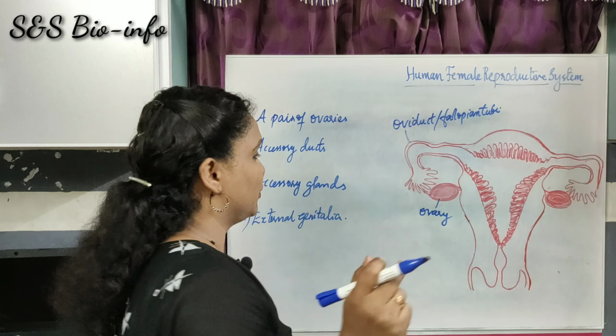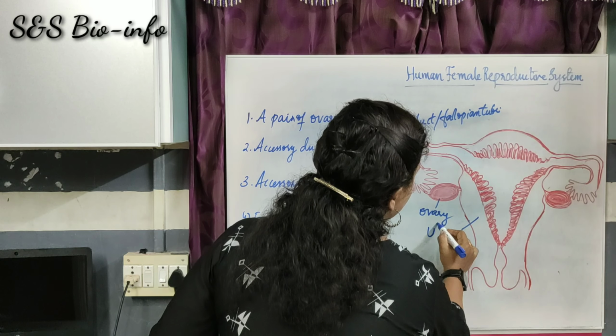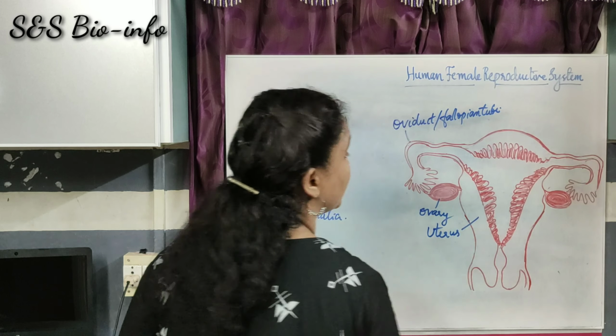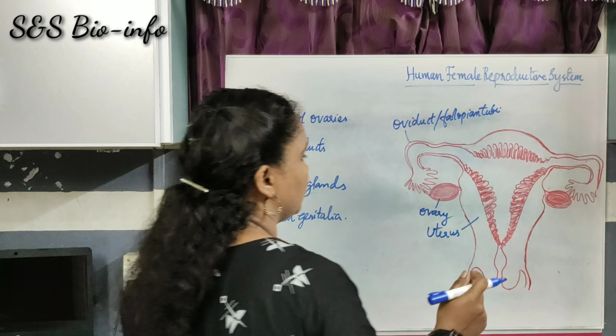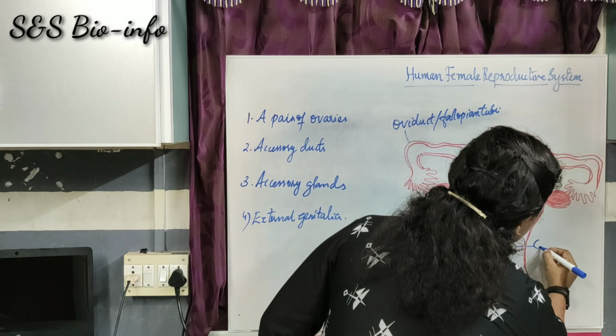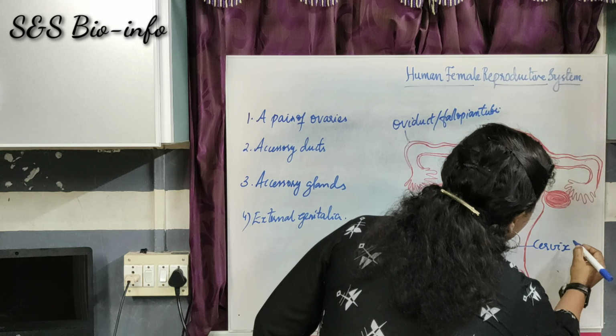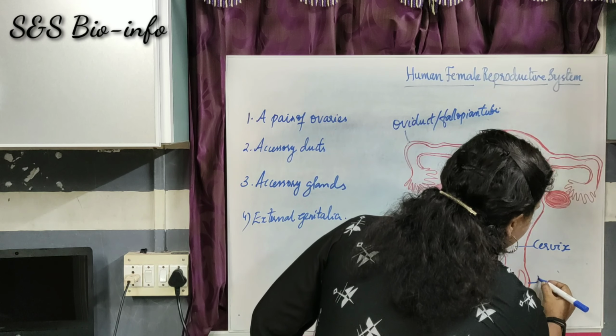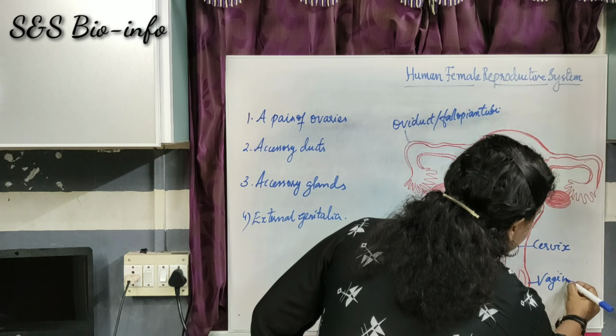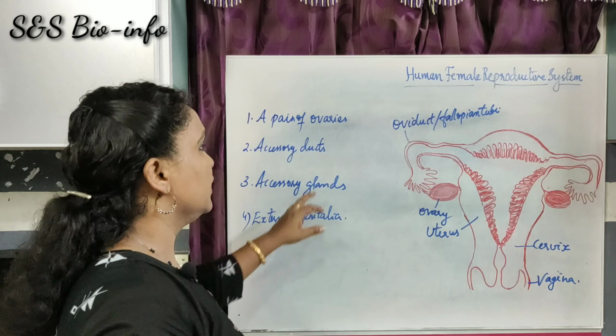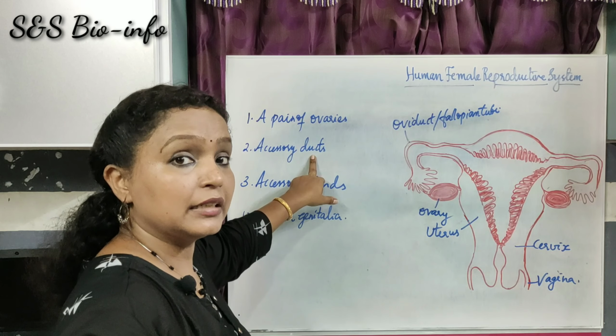Next, the uterus, the largest part of the human female reproductive system. Next, the cervix. Then the last one, the vagina. These are the parts of the accessory ducts.